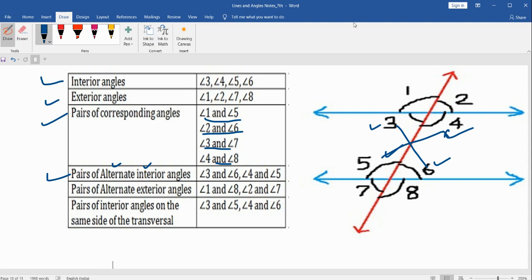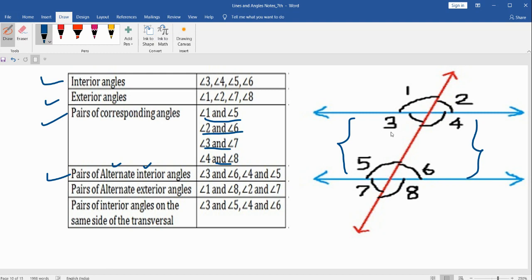are your pairs of alternate interior angles. Let me explain again. We are talking about pairs of alternate interior angles, which means we are dealing with these internal angles. This is the area we are dealing with.